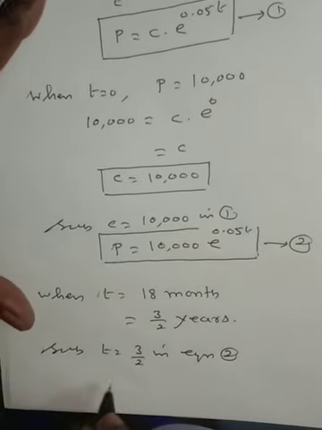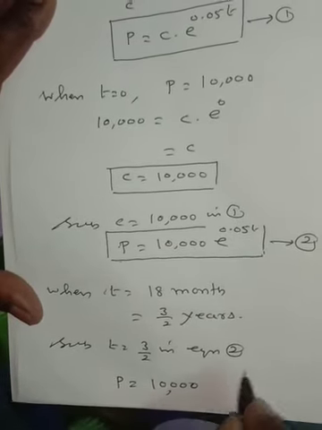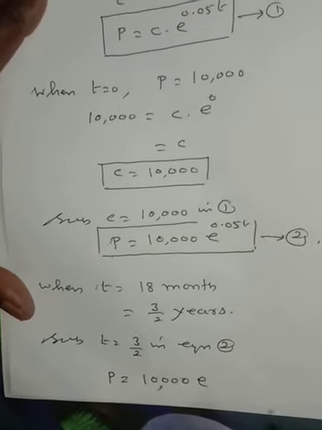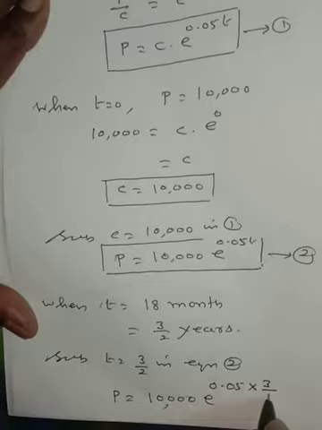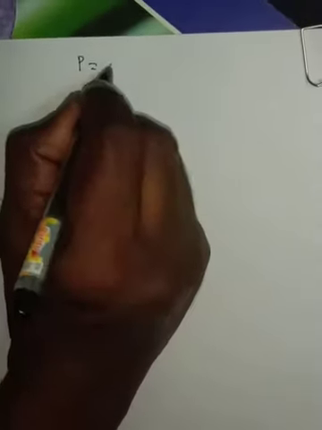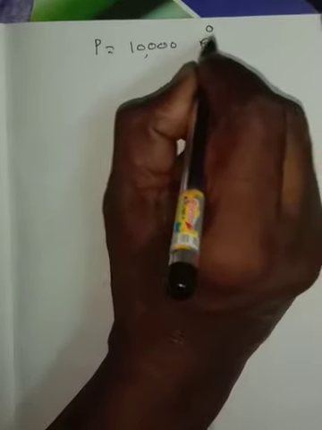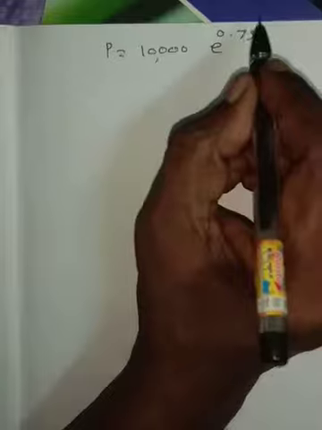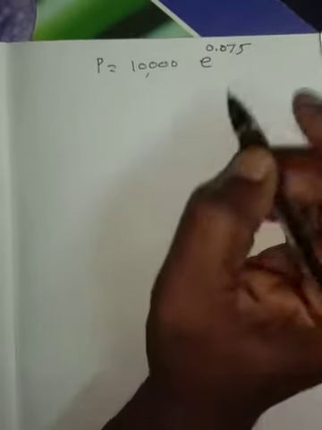We have P is equal to 10,000 e to the power of 0.05 into 3/2, which is 10,000 e to the power of 0.075.